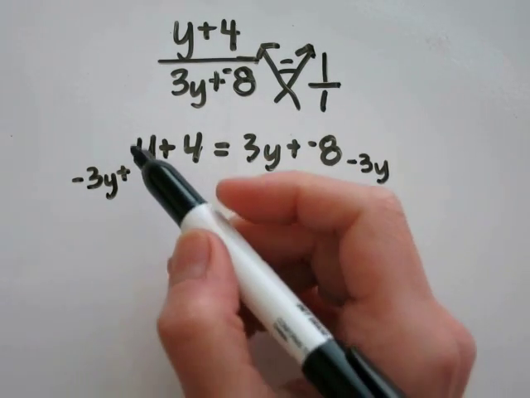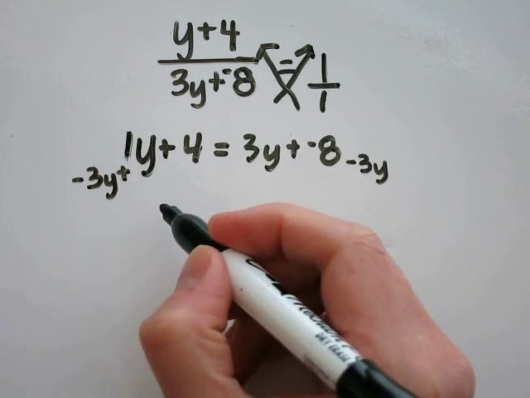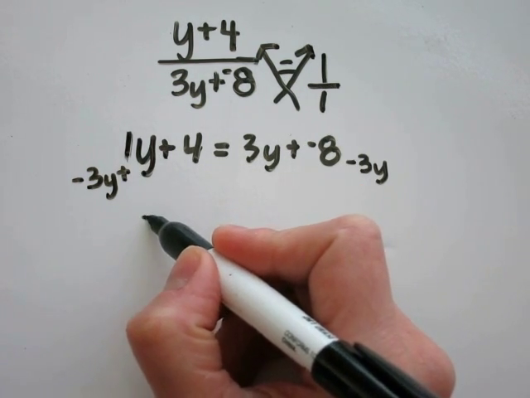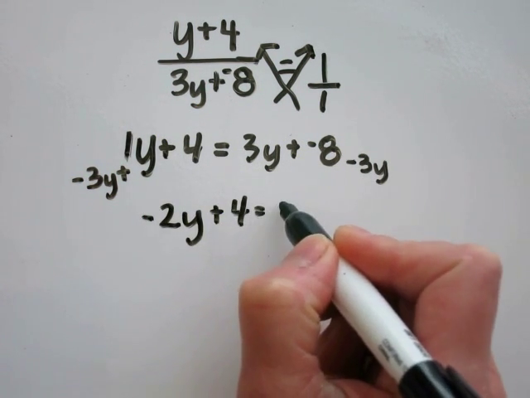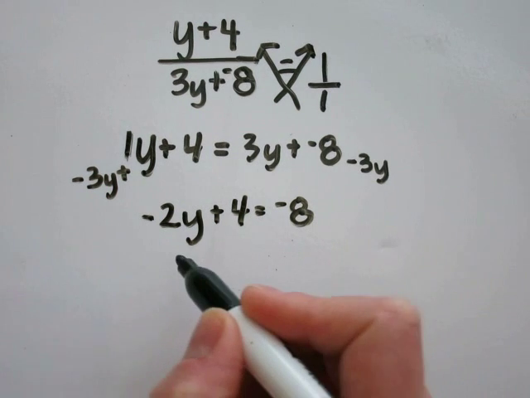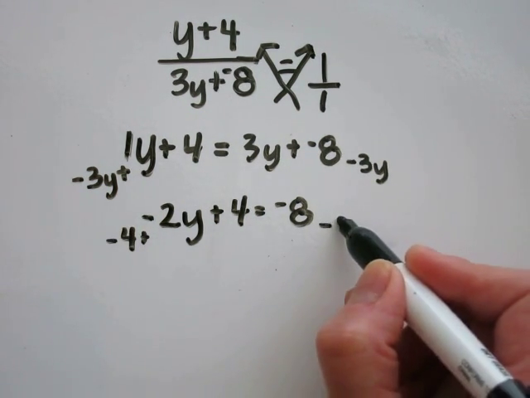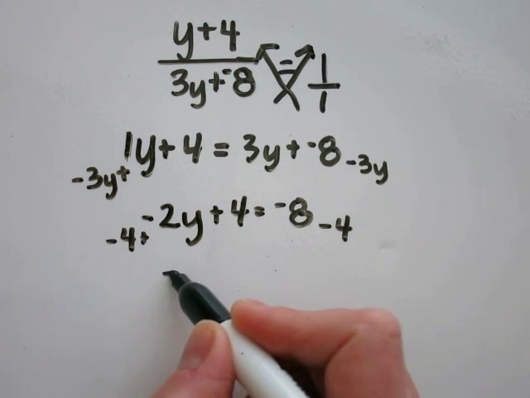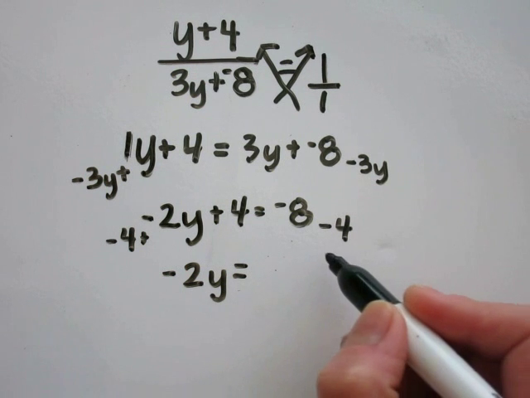Negative 3y plus y. This is the same as 1y. So negative 3 plus 1 is negative 2y. Subtract 4 from each side. Leaves me with negative 2y on this side.